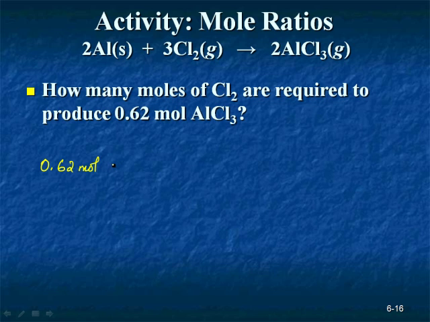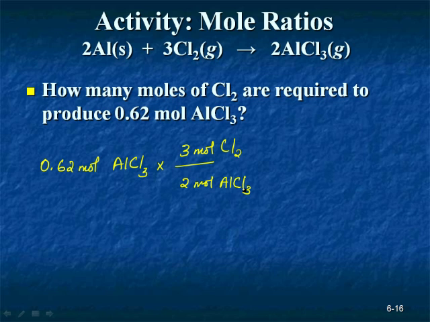We are going to multiply that by the mole ratio. What mole ratio should we use here? We are looking for moles of chlorine. So 3 moles of chlorine on the top and 2 moles of AlCl3 in the bottom.